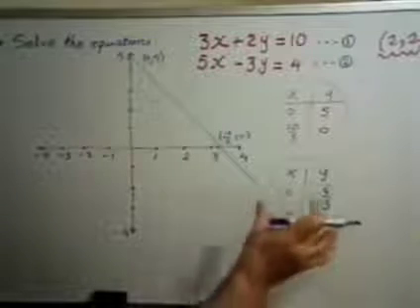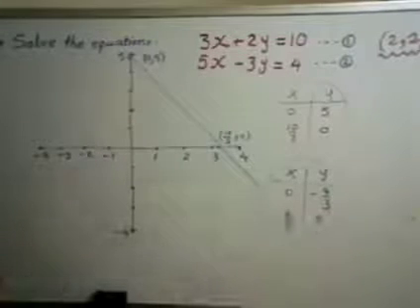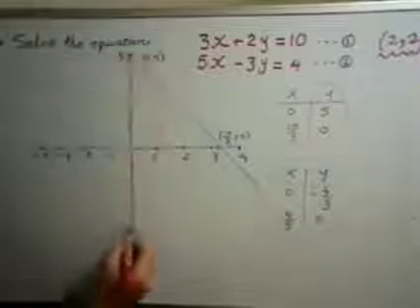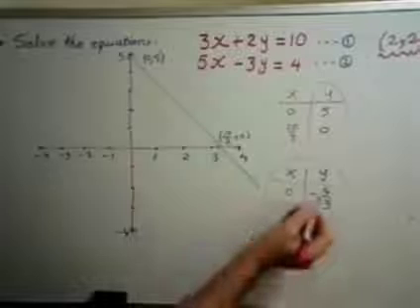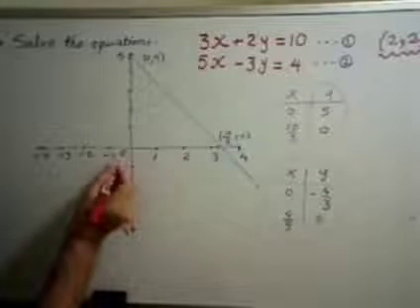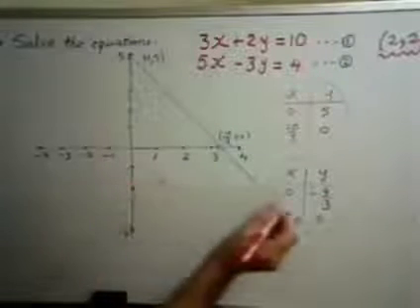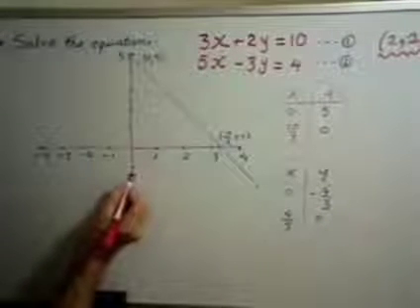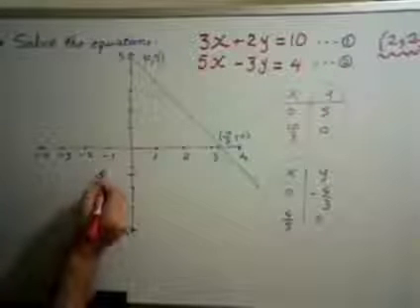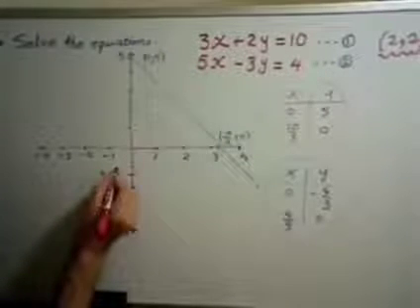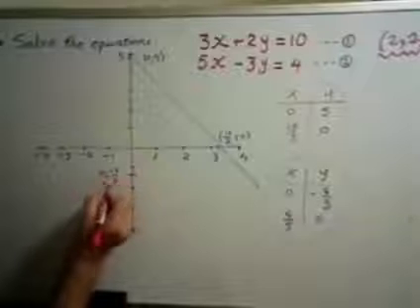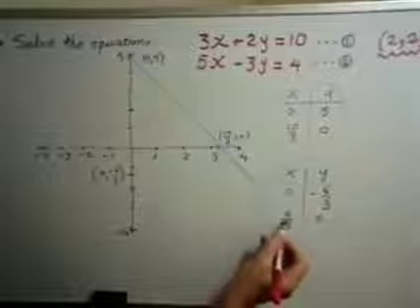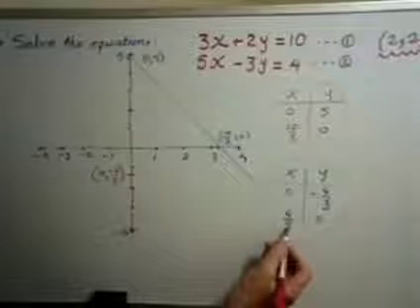Now the second equation, we'll take this chart. X is 0, that means on the y-axis, x is 0, y is negative 4 over 3. That means negative 1 and 1/3 here. So x is 0 and y is negative 4 over 3. Now x is 4 over 5, y is 0.